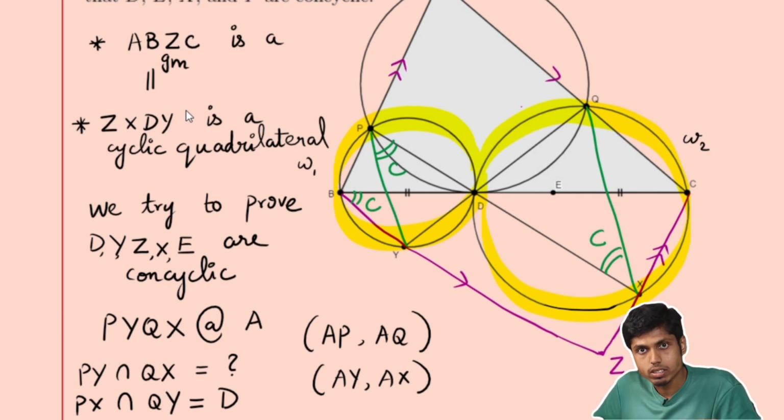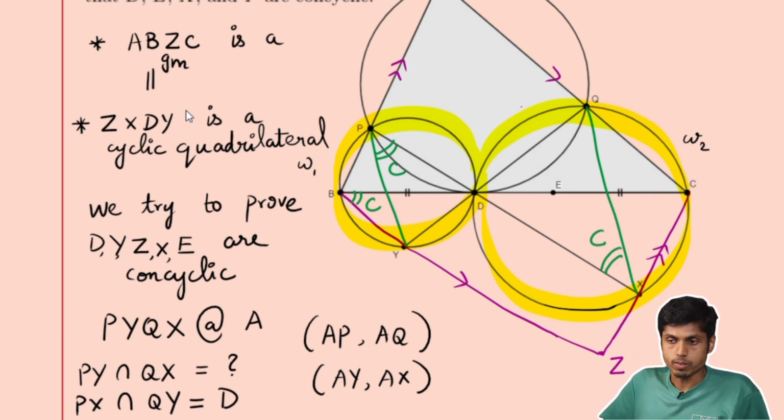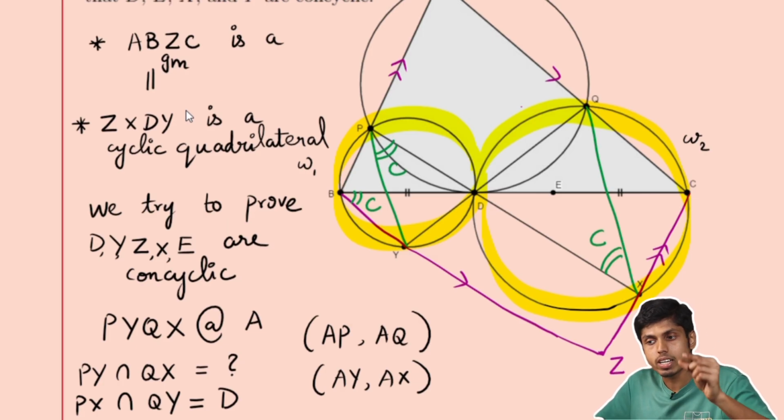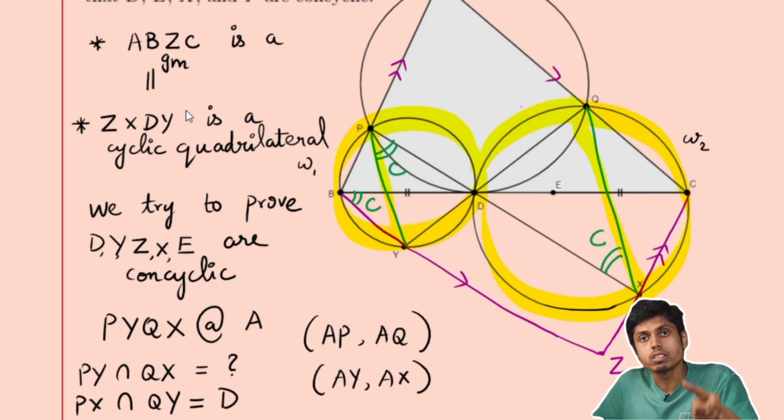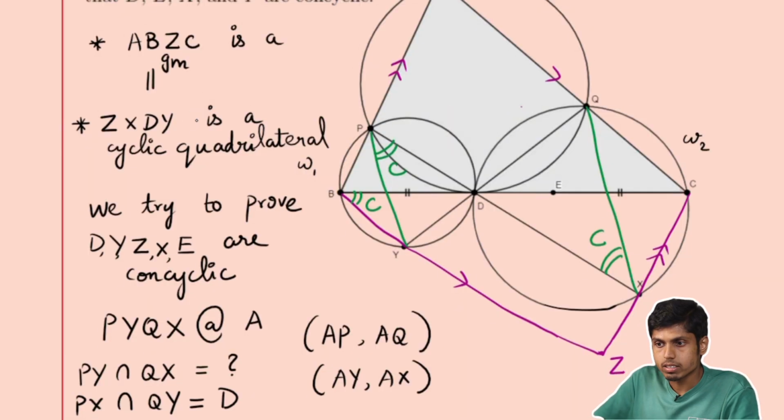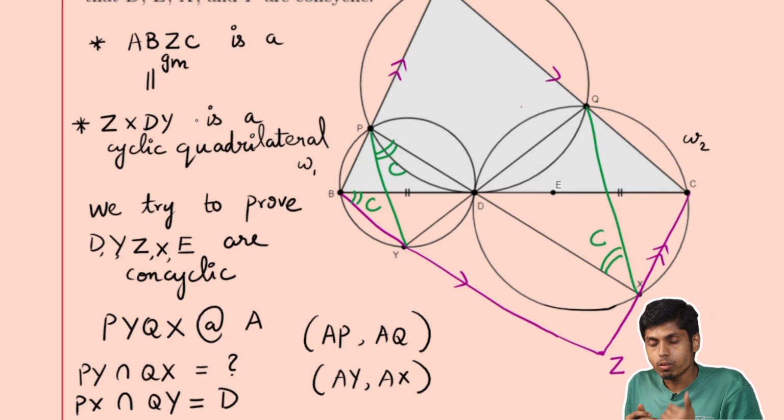You can take one circle to the other via a negative scale factor homothety. And when the points that are joined through D are considered, they will be the maps of each other upon this homothety. Hence, PY is taken to XQ upon a homothety map, which means they must be parallel. But anyway, the angle argument is just a rigorous way of proving it. A better, more intuitive way is through homothety.